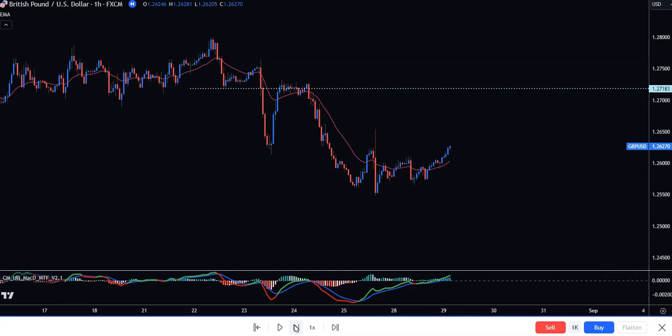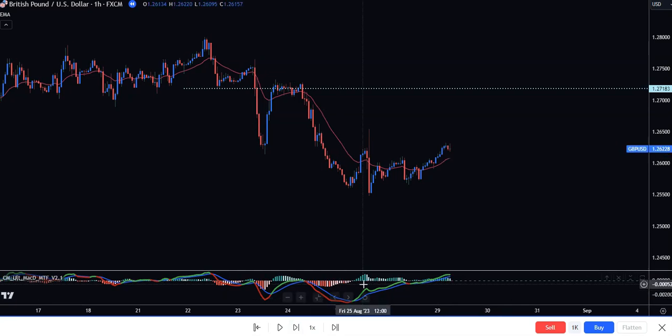MACD is on a green line, for example. So after this does a green line, you would probably see that this one made this structure, and now what was resistance here is turning support, right?